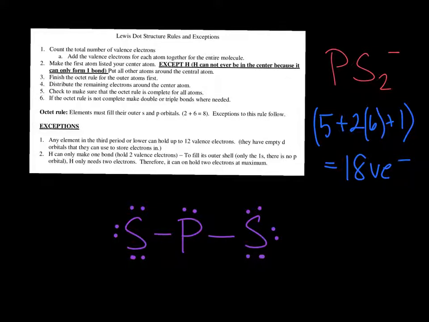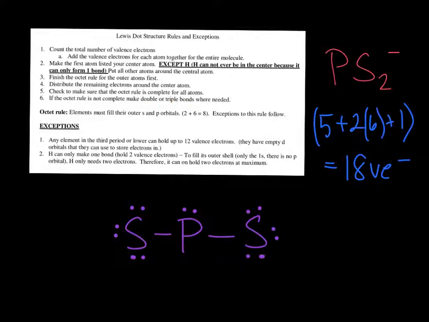Now we have to check to make sure the octet rule is complete for all atoms. So I've got 2, 4, 6, 8 for that sulfur, 2, 4, 6, 8 for that sulfur, but phosphorus only has 2, 4, 6. And so since phosphorus's octet rule is not satisfied, we have to make double or triple bonds.